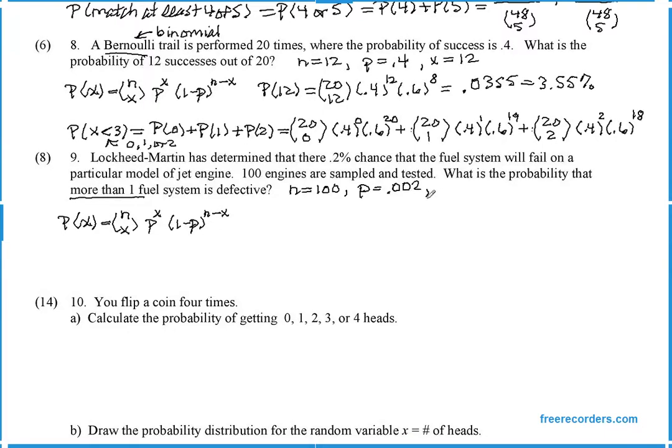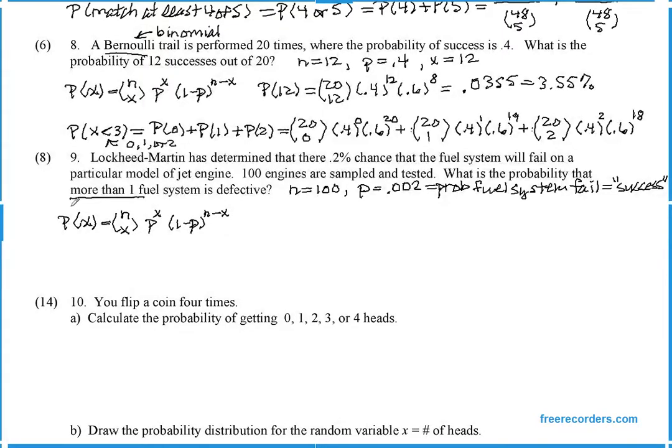And this is the probability of a fuel system failure, which is what we're calling a success. So that equals a quote-unquote success. And then that gives us n, that gives us p, and then we need x.